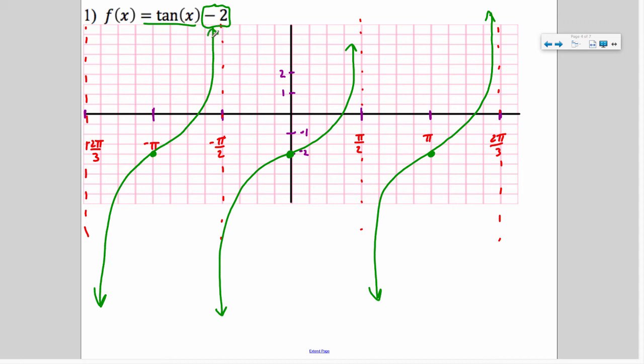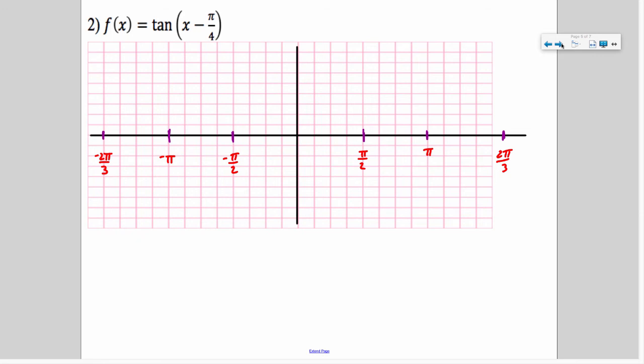Cool. All right, so as you can imagine, the next graph, let's go left and right. Let's go right pi over 4. Now, I did pick a tricky one. I didn't pick a shift that was equal to one of these intervals here, like pi over 2.